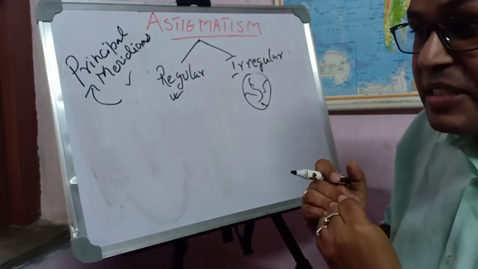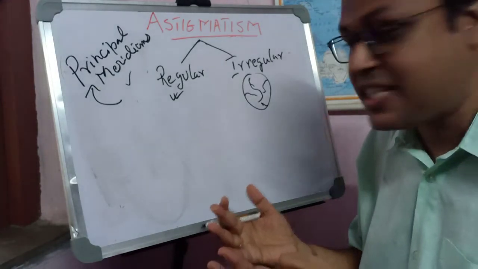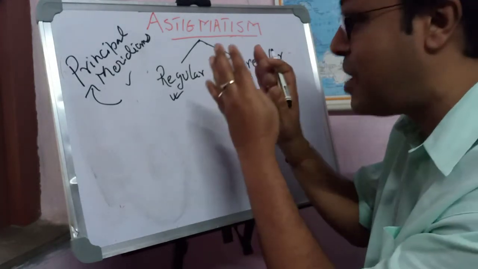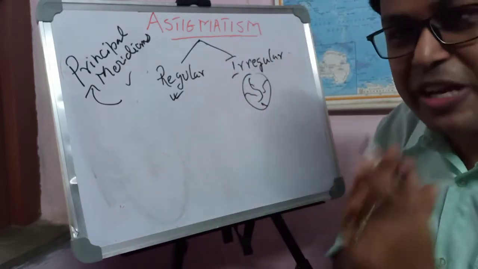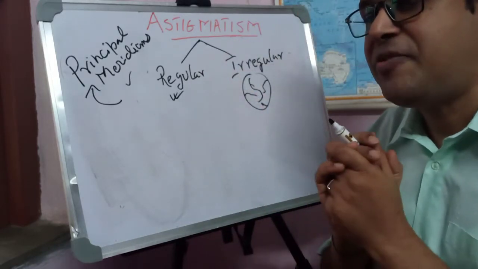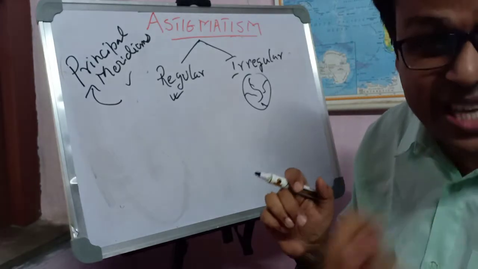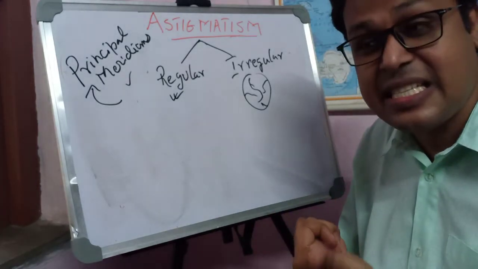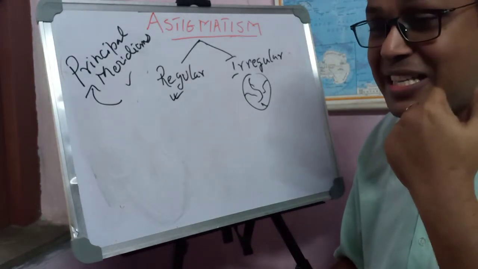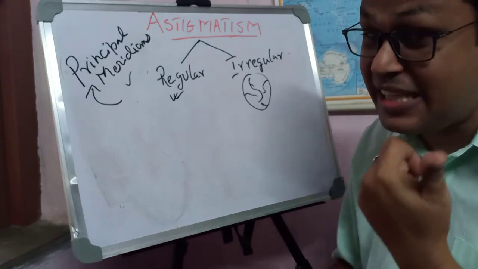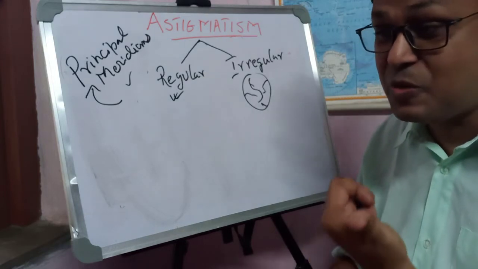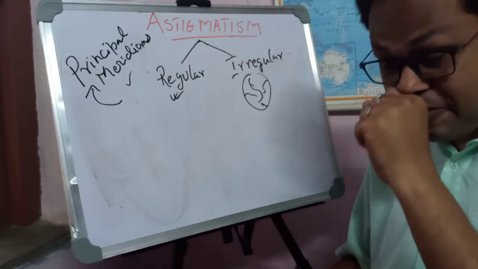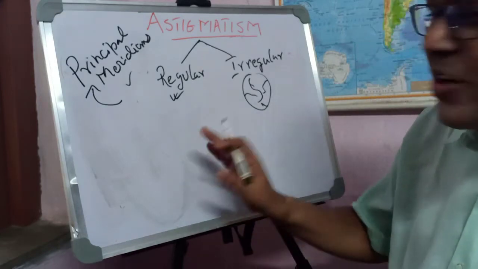Irregular astigmatism has different ways of correcting it, but our focus of discussion is regular astigmatism. In regular astigmatism, you can correct it with glasses. You can also correct it surgically at the time of cataract surgery with toric lenses. So there are different ways of correcting regular astigmatism.